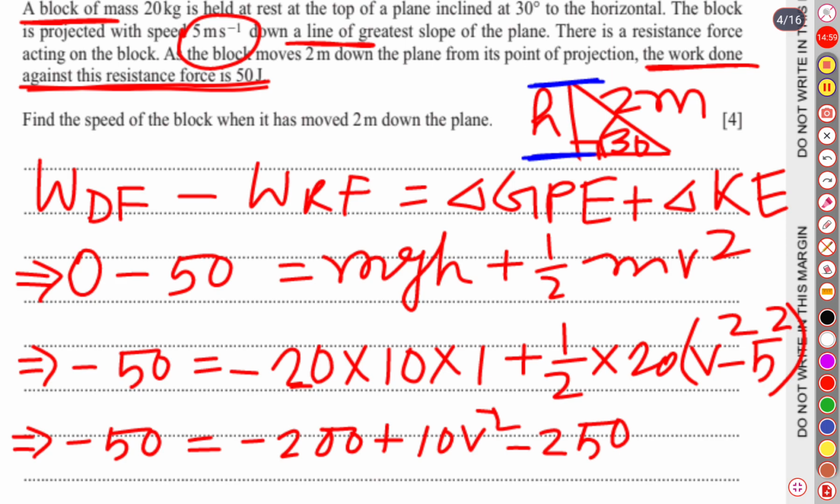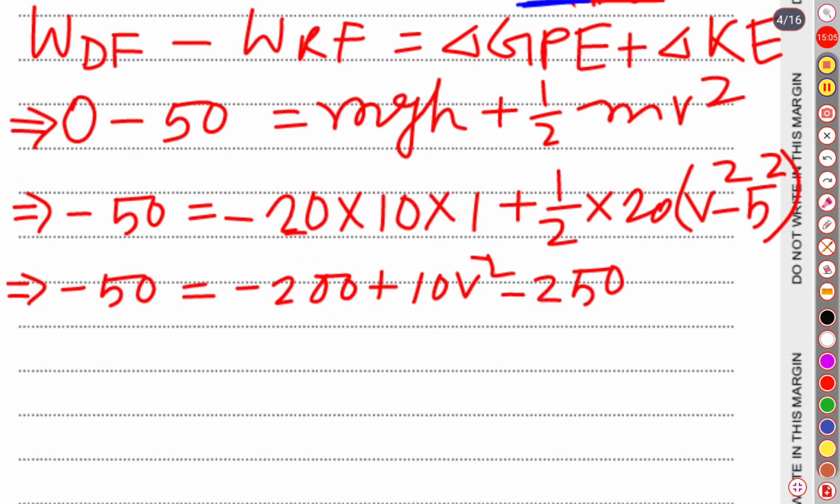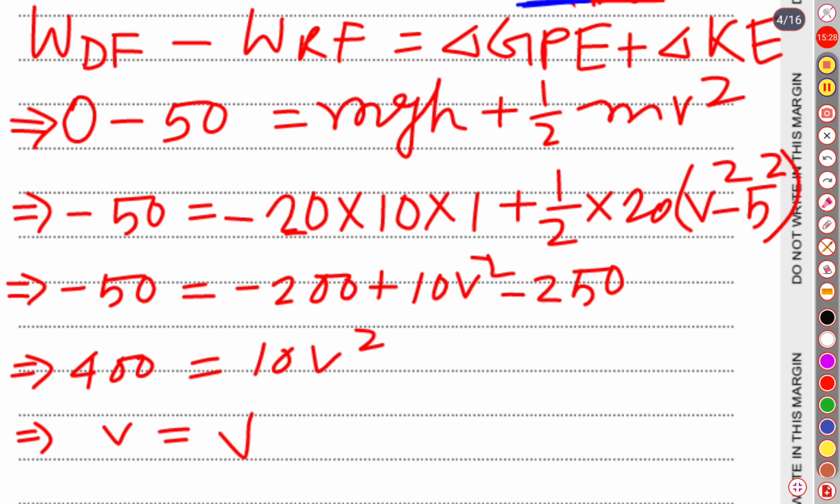Now if we write everything on the left side, on the right side there was 450. From 450, if we subtract 50, it is going to be 400. So 400 is equal to 10 v squared. If we divide both sides by 10, it is going to be 40. So v is equal to the square root of 40.